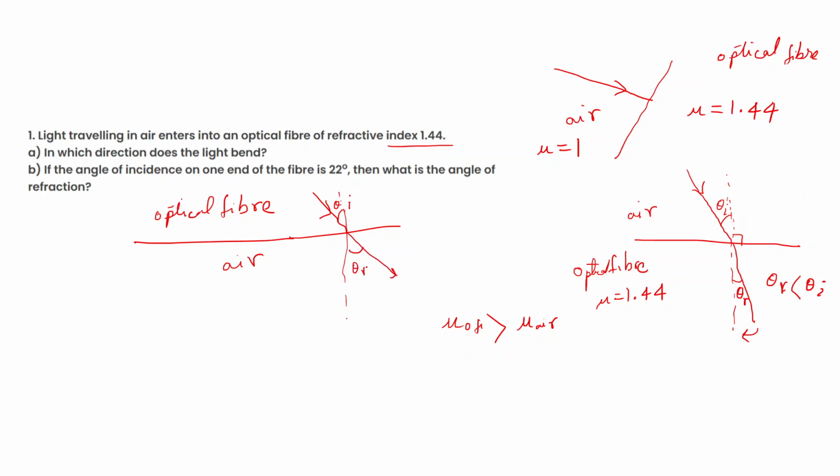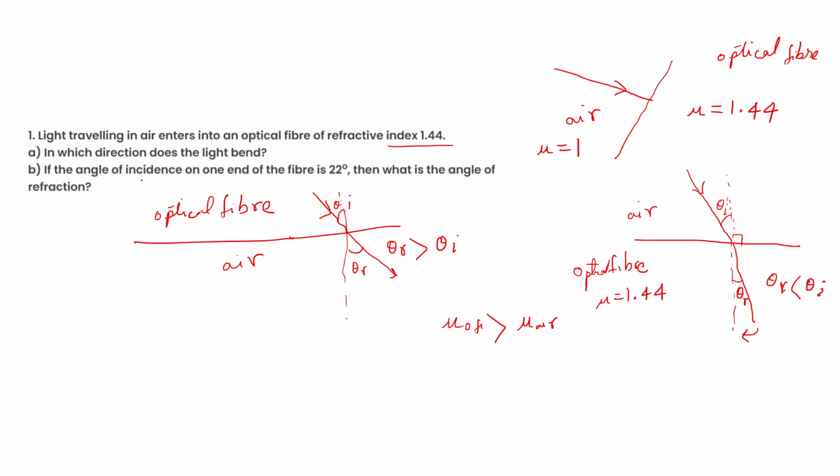That means theta r will be larger than theta I. So these are the two possible situations whenever incident light passes through an interface like this. So the first question we answered: because light is traveling from a rarer medium to a denser medium, its velocity will decrease and it will move towards the normal.